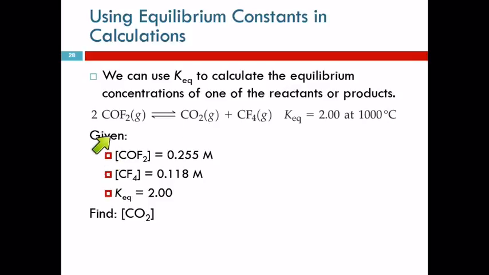So they're telling us what the equilibrium concentration of the COF2 is and the CF4, and they're asking us to find the concentration of CO2. So what we have to do is we write the equilibrium constant expression and then solve it for CO2, plug the numbers in, and we can calculate the concentration.